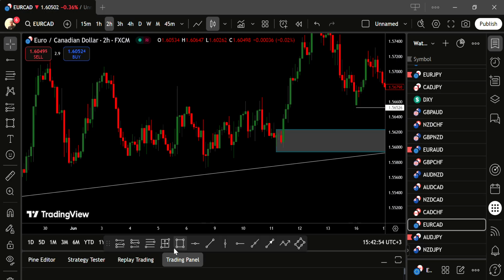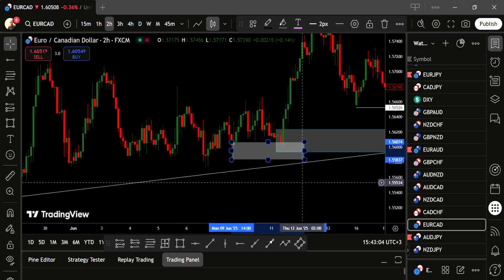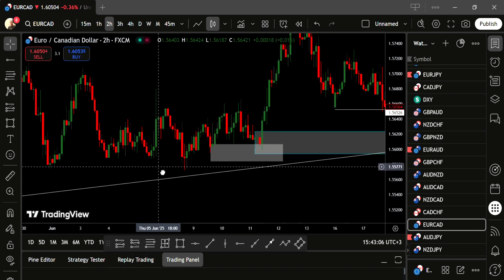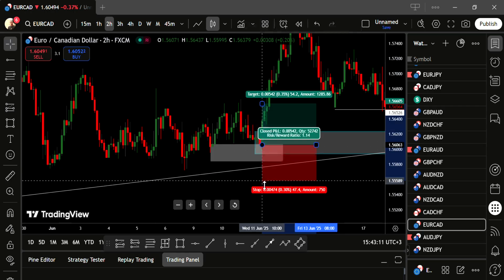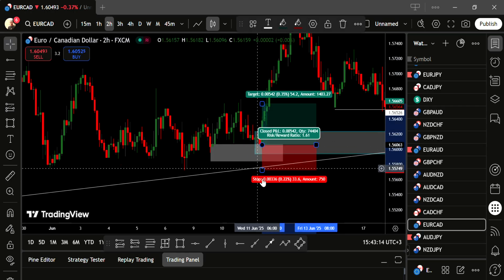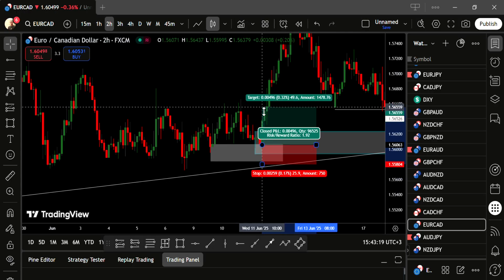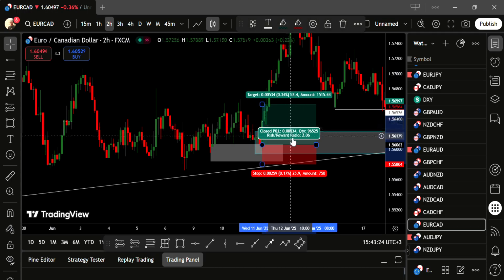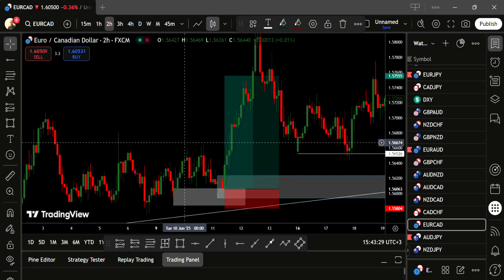So we mark that candle like that, and then put our entries here, targeting the previous high, which is this. It is here, but we shall just put a 1:2, which is 53 pips. But if you had held it longer, you would go even higher.